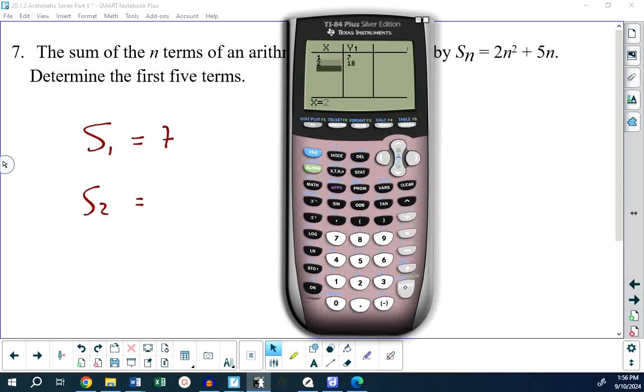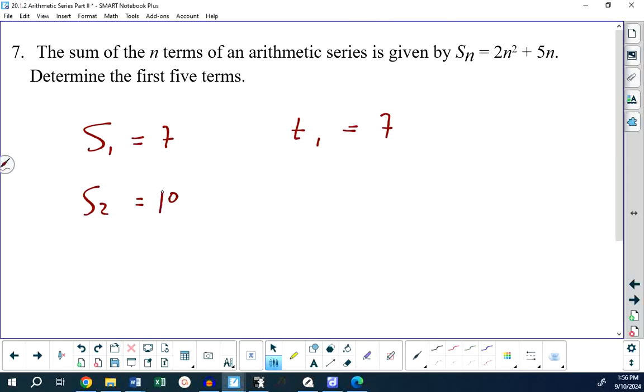Let's find S2. So put in 2. 18. What is the second term? 11. Because the first 2 terms have to add to give 18.